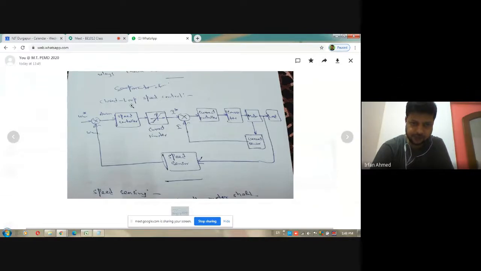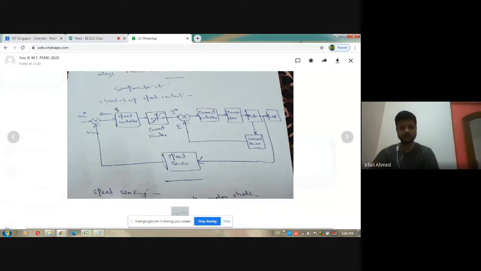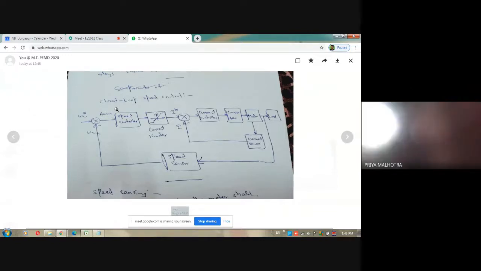Give me some options. Anyone? What are the options available? So what are you asking, sir? Speed controller, means speed difference is there then?